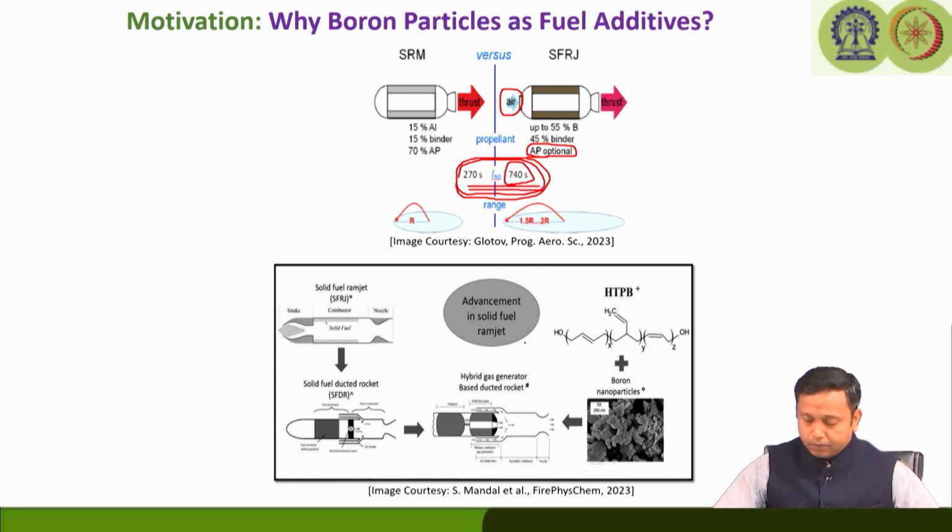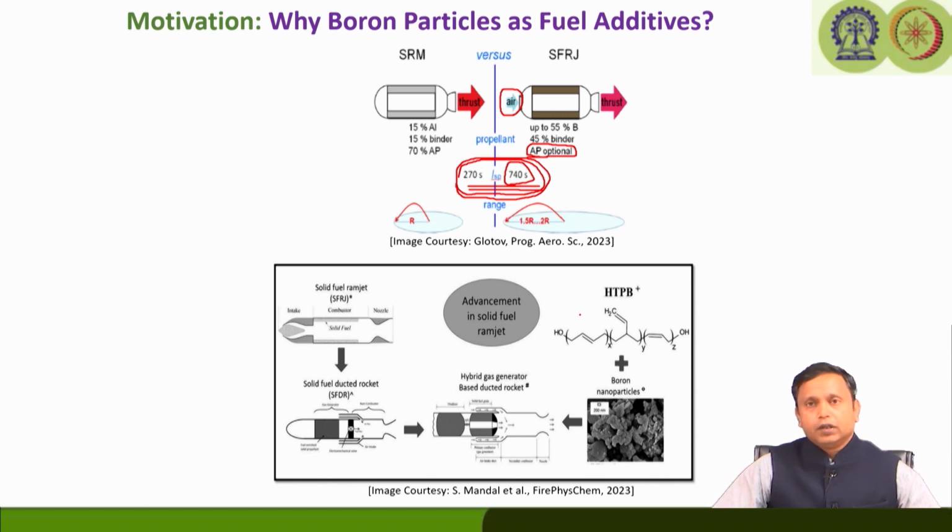Many researchers are working on how to use boron particles in solid rocket applications, directly in the form of propellant or in the form of solid fuels, where the additional oxidizer can come directly from the atmosphere. Many are proposing that boron-loaded fuel will be best suited for ramjet applications, where oxygen can come directly from the atmosphere through the ram compression process.